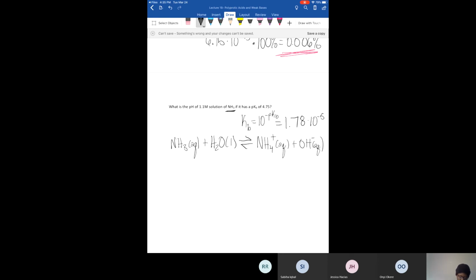Okay. Now you can do your ice table. So you start off with 1.1 molar, 0, 0, minus x, plus x, plus x, 1.1 minus x, x, and x.